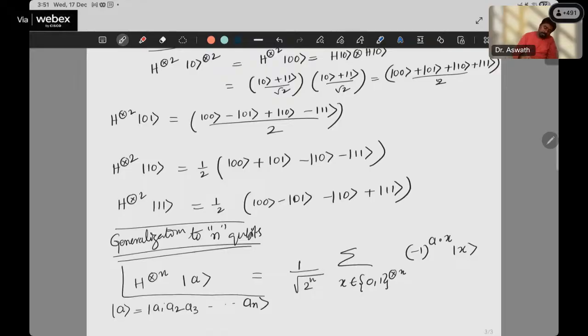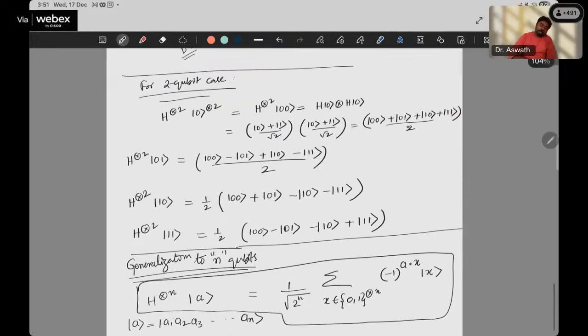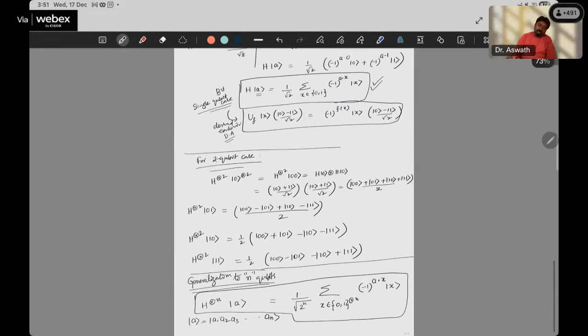So this is just the extended version from 1 qubit to n qubits. The only difference from the earlier case is that earlier I had just 1 qubit and now I have n qubits. So the probability amplitude gets modified accordingly, and the summation also gets modified accordingly. This also plays a very vital role in our calculations.